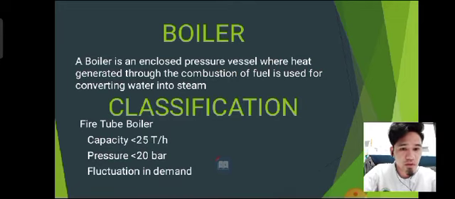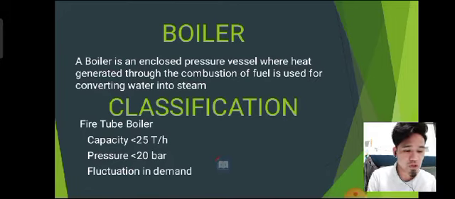Pressure: fire tube boilers are normally low pressure boilers. Boilers can also be classified based on pressure. Boilers with pressure less than 20 bar are known as low pressure boilers.